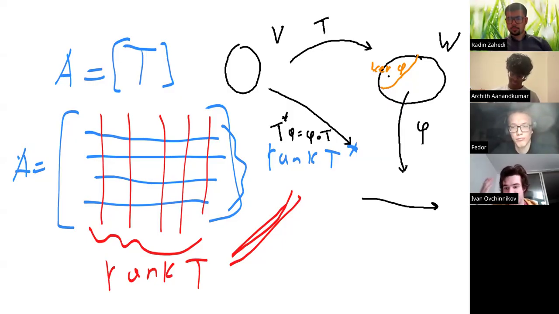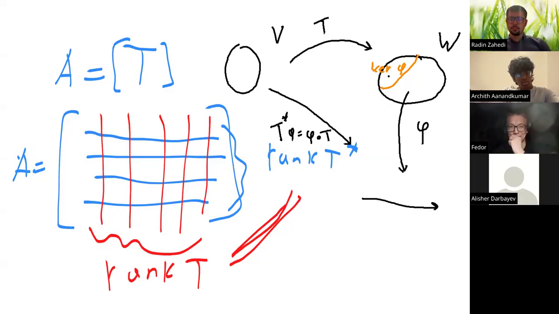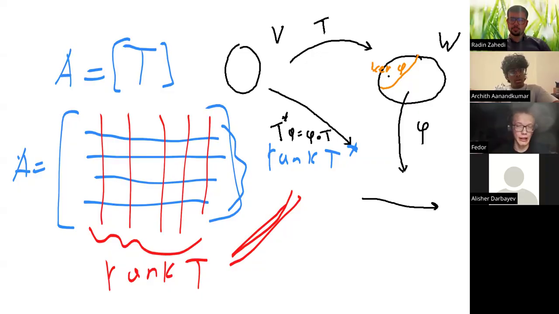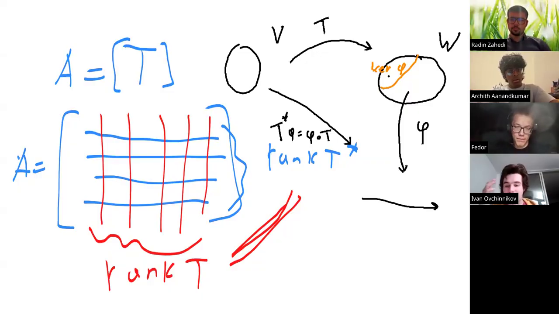What is T star phi? I take in a vector in V and then I plug it into what? First, T. Into T, and then I plug the result of that into the functional, into phi. Yes. So now I'm saying that I want that to be 0 for any v I plug into it.